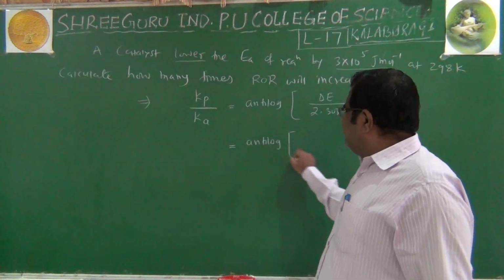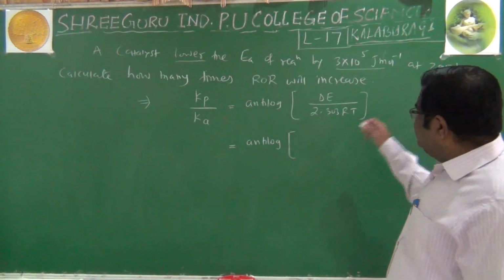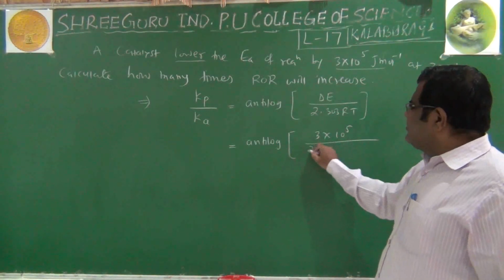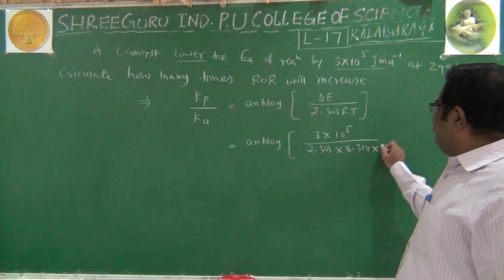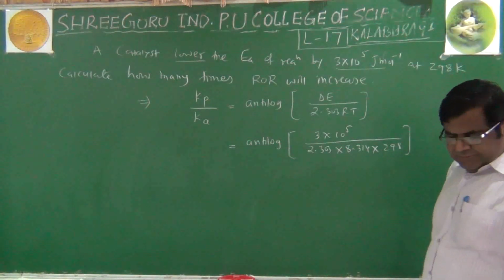Antilog of delta E is the decrease in activation energy in the presence of catalyst. So this is 2.303, 8.314, and this is 298.